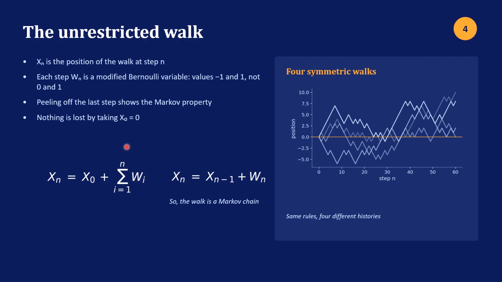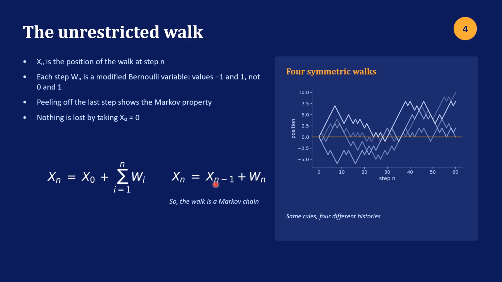And then I have this statement here, peeling off the last. What I meant by that is you can write this as the sum from 1 to n minus 1 plus w sub n, and then the sum from 1 to n minus 1 of w sub i plus x sub 0 is x sub n minus 1.